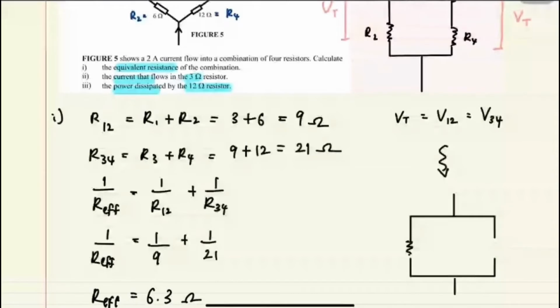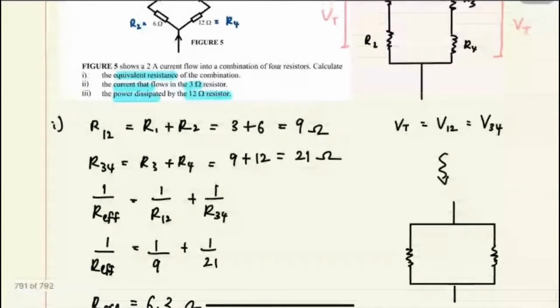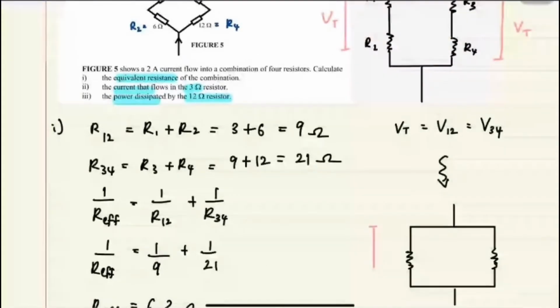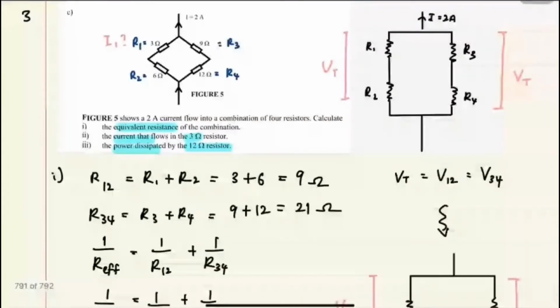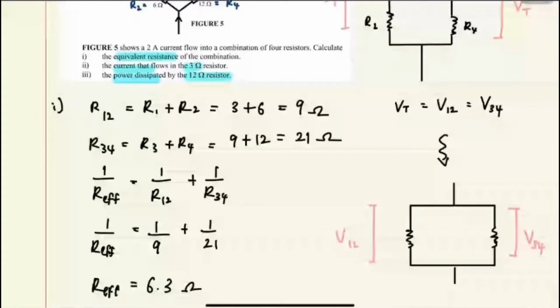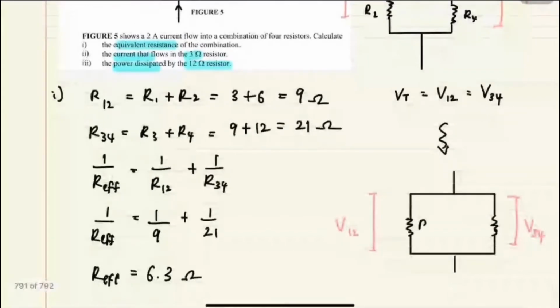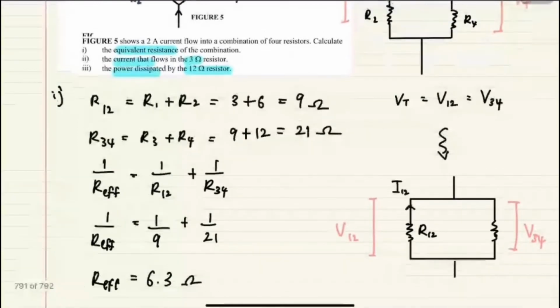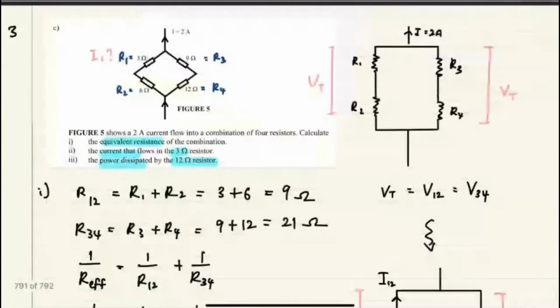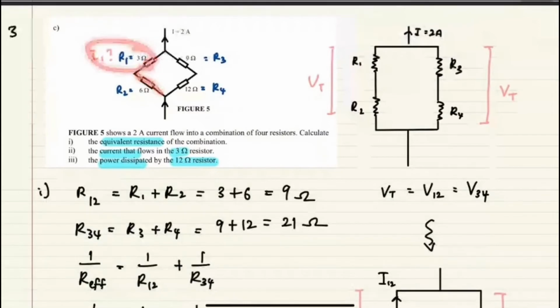So just now it looks something like this lah. So this is basically V12 and this is the part for V34. Okay. So as long as I use R12 there, then I can get the I12. Okay, and since I12 is basically the current that passes through this one and that one, so basically it's actually I1 as well. Complete that.